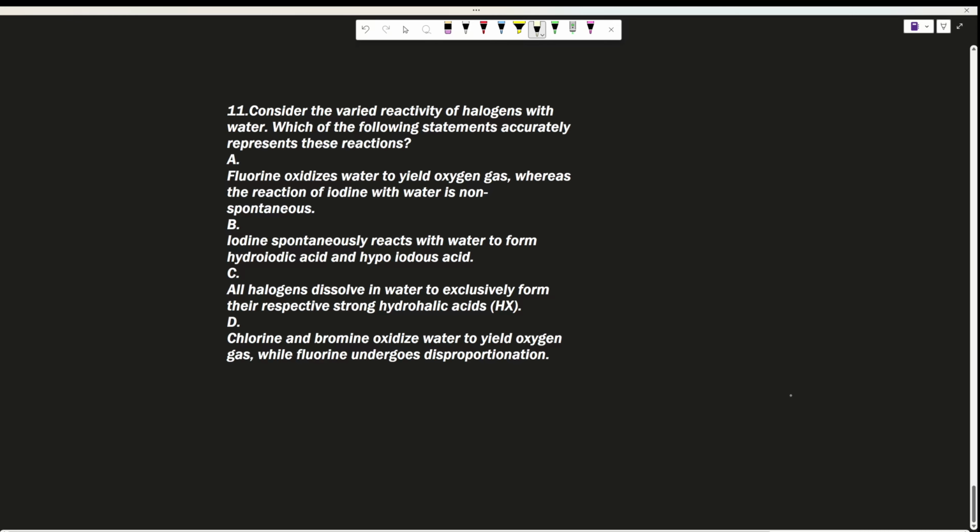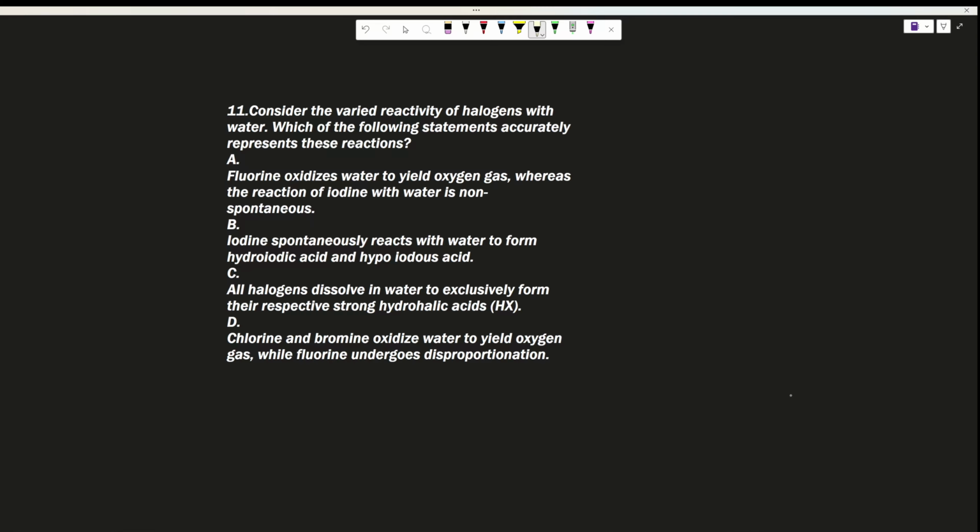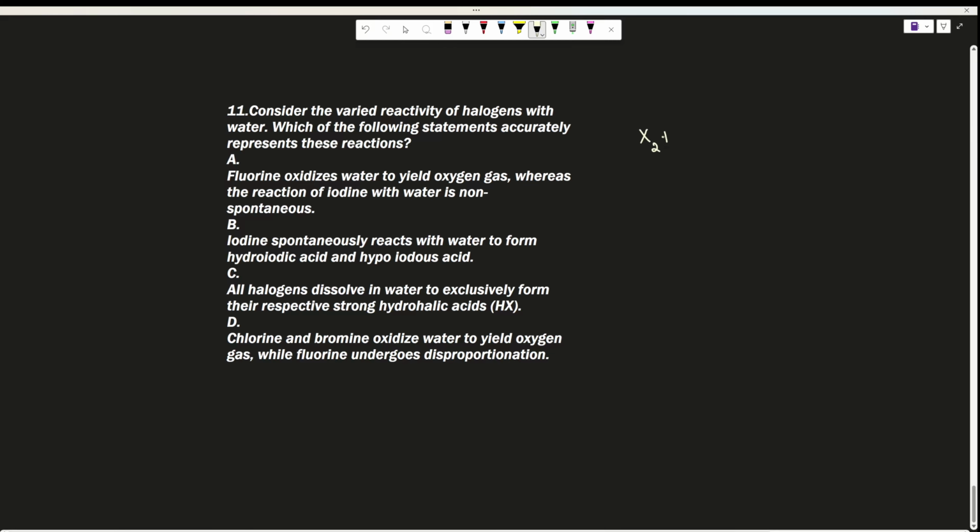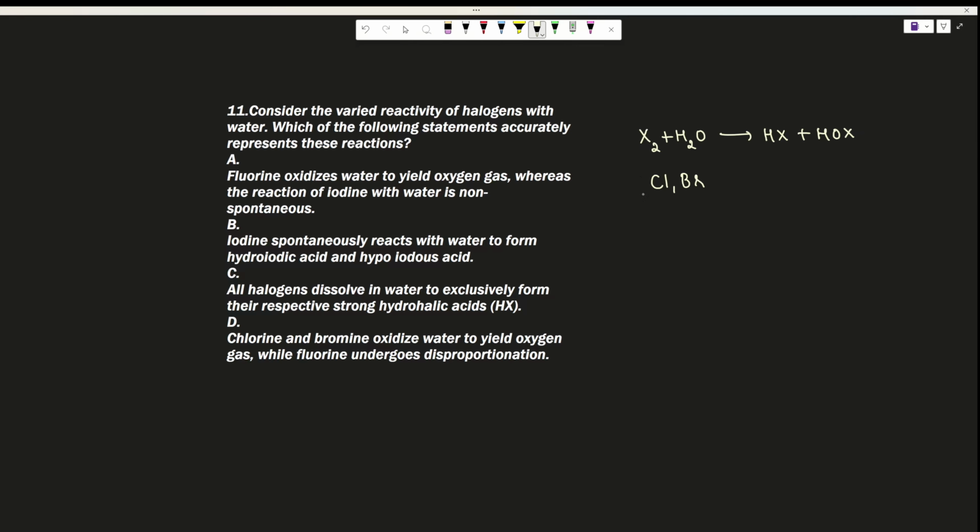Then, consider the varied reactivity of halogens with water. Which of the following statements accurately represents these reactions? So this is the reaction of halogen with water. Normally for chlorine and bromine, you get HX and HOX. For iodine, this reaction is not feasible because of the least reactivity of iodine.